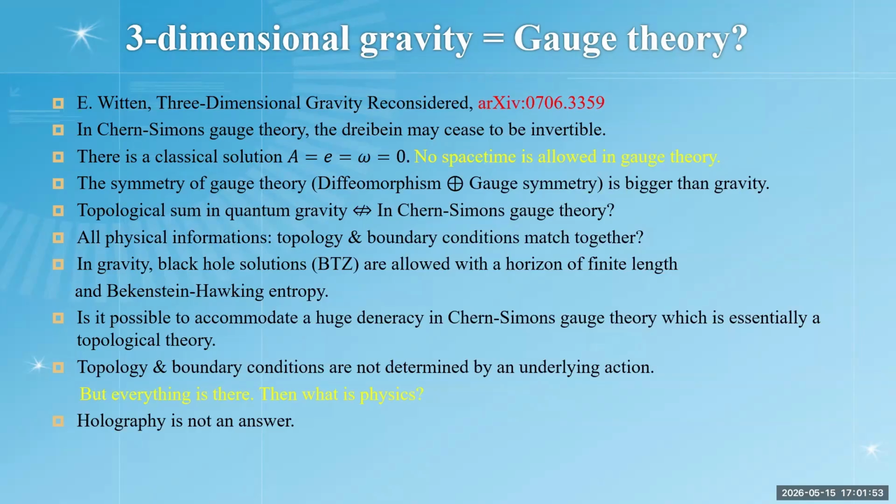Maybe not, because a topological theory only allows few degrees of freedom, right? But we believe, at least for this AdS3, we have holography. So all this information, topology, at least these boundary conditions, is related to two-dimensional conformal field theory.